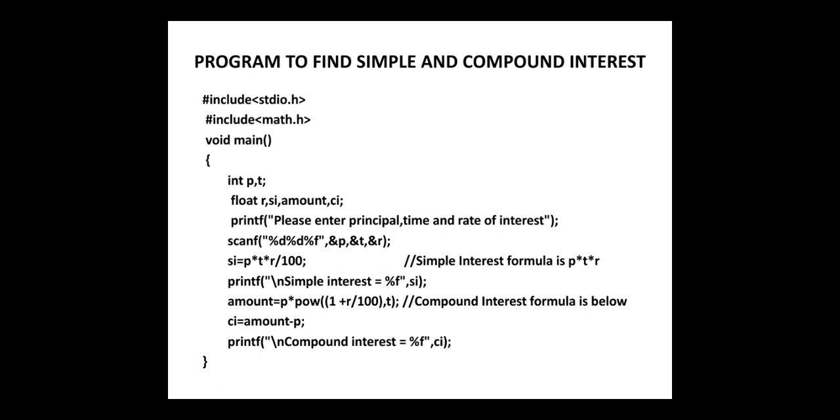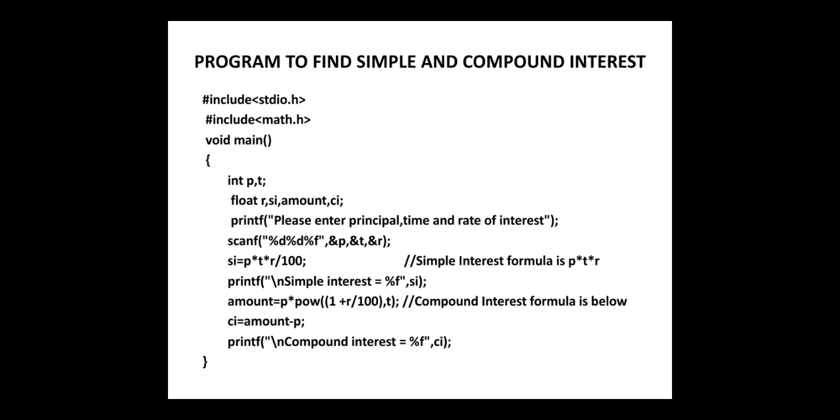And R is a floating data type, so the format specifier is %f. So depending on the data type of a variable, we mention the format specifier in the scanf statement. Now we got the values for P, T, R.